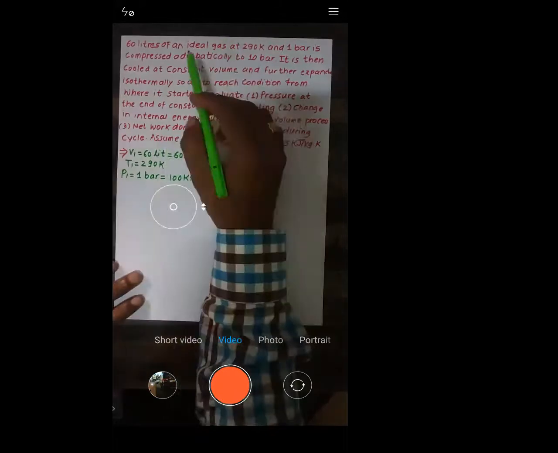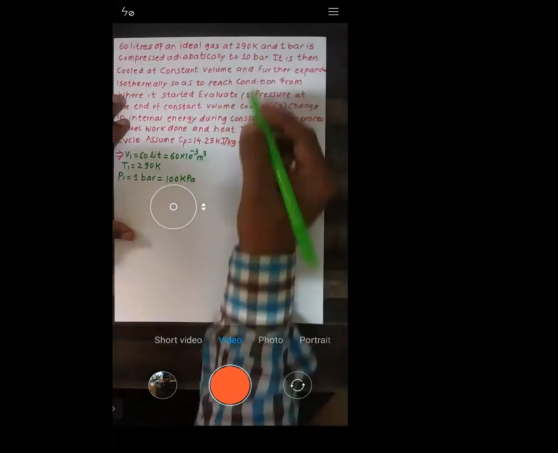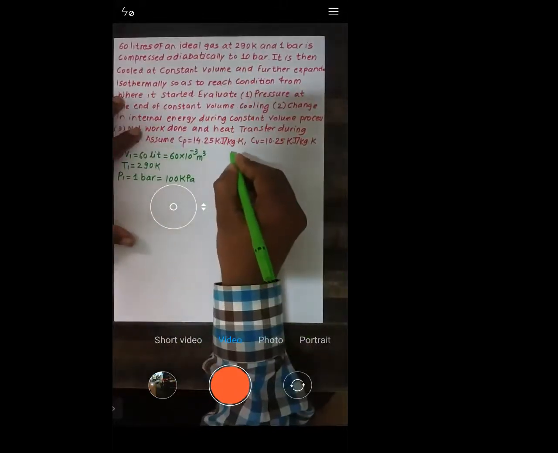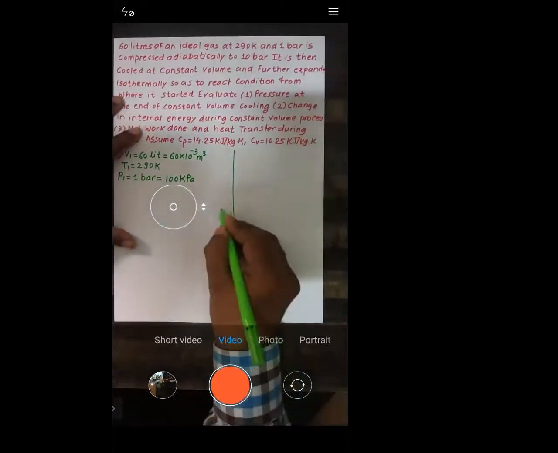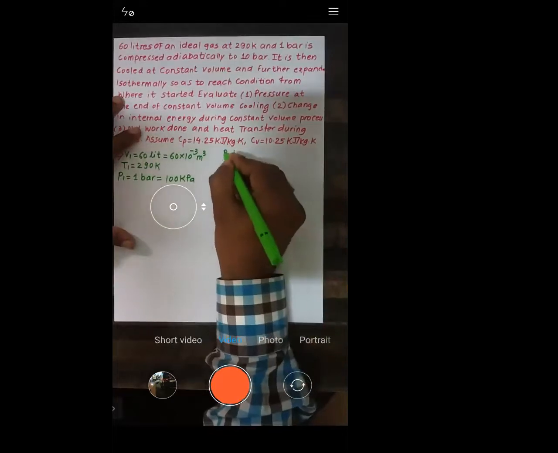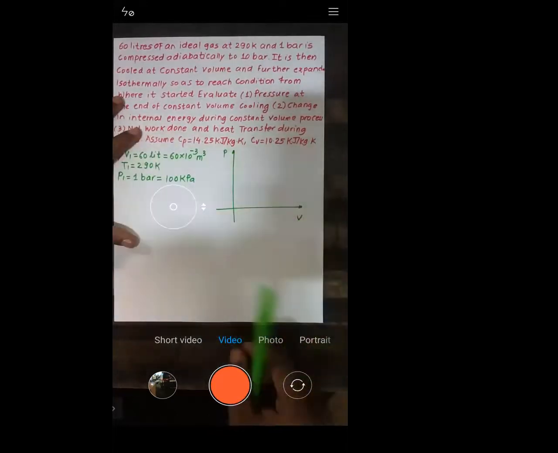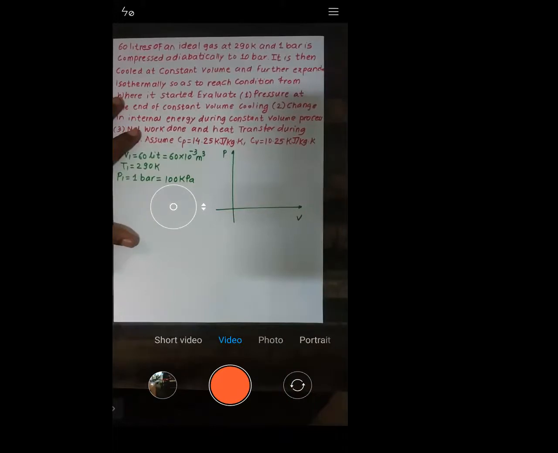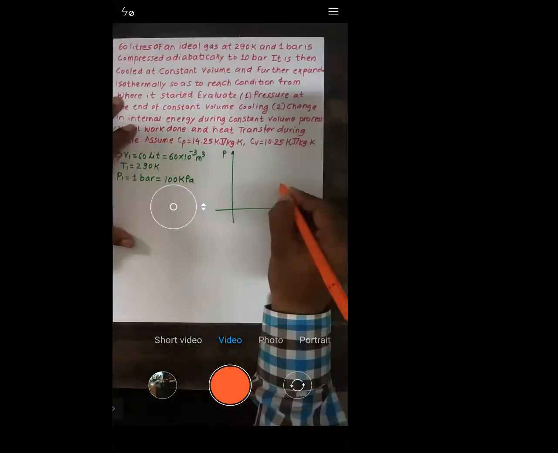Is compressed adiabatically. So let us start drawing the diagram. Let this be the pressure scale and let this be the volume scale. We will draw the PV diagram. We are at this point number 1.